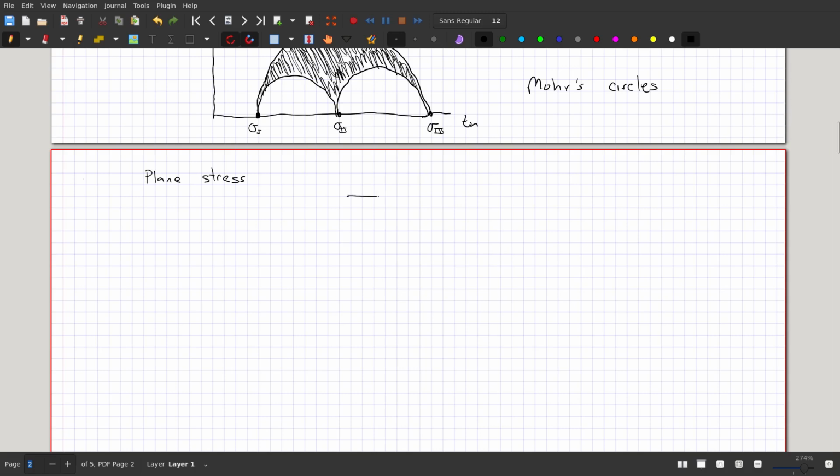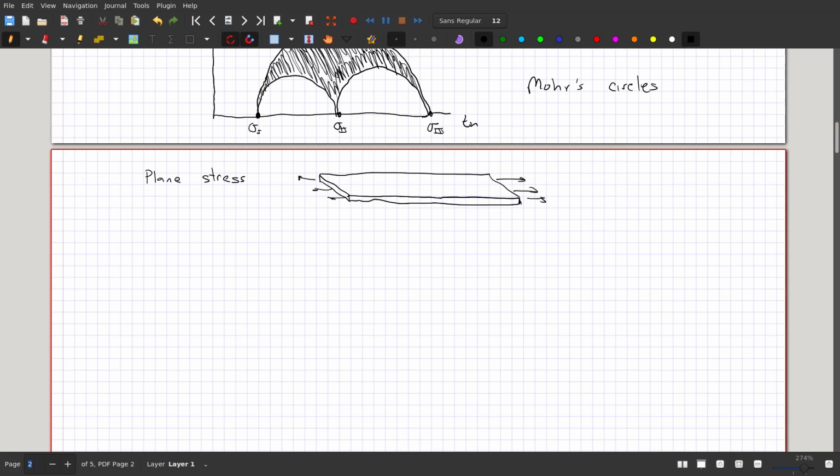So plane stress is like if you were to have a long, slender sheet under load in the plane of the sheet.